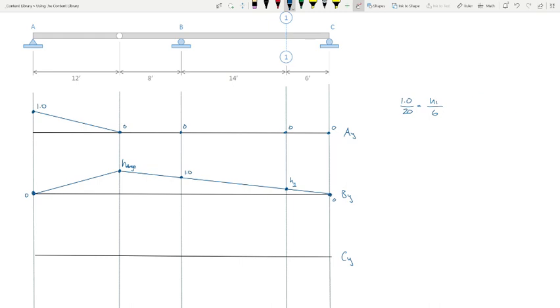Because this is 1.0, this is 20, and we're trying to figure out H sub 1, and that distance is 6, right? So if I wanted to solve for H1, I multiply both sides by 6. H sub 1 is 6 over 20. And 6 over 20 is 3 over 10, or 0.3. Does that make sense?